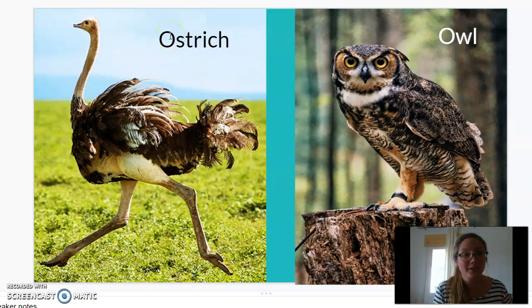It's also a very silly looking bird, if I do say so. Next, we have an owl. Ostriches and owls are birds who have backbones. Okay? Birds have backbones. Ready? What's next?